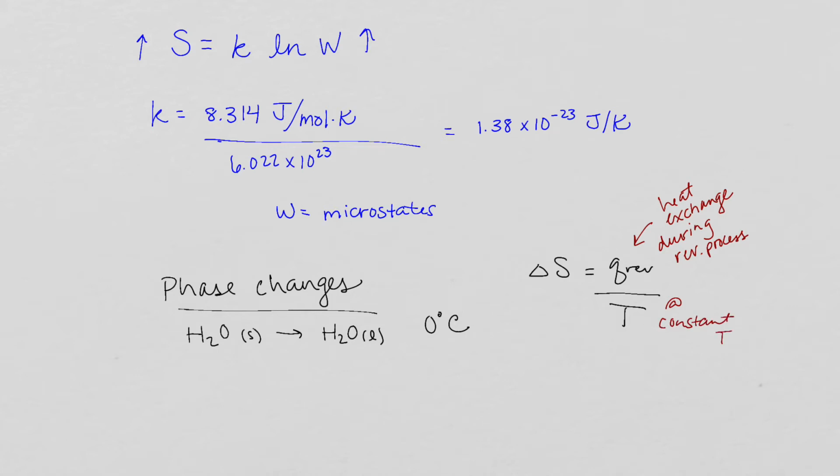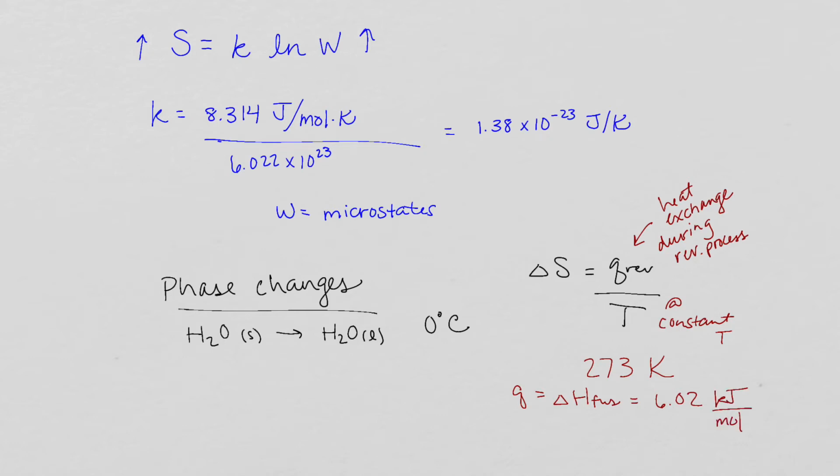We have a constant temperature of 273 Kelvin. And we know the delta H of fusion, which is the delta H associated with ice melting. So Q equals delta H of fusion, which equals 6.02 kilojoules per mole.